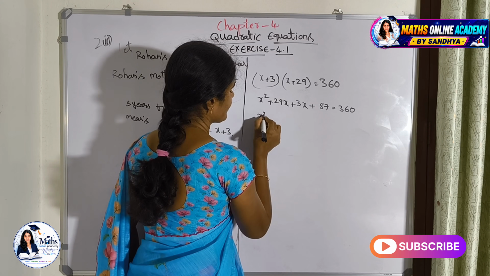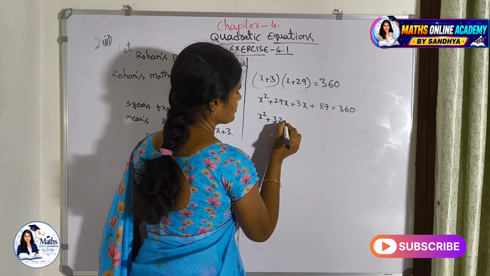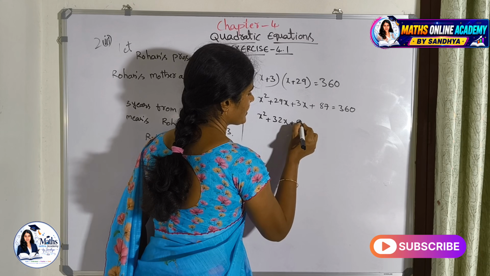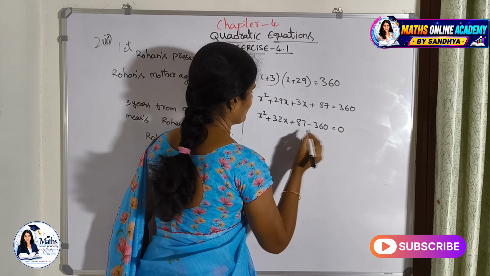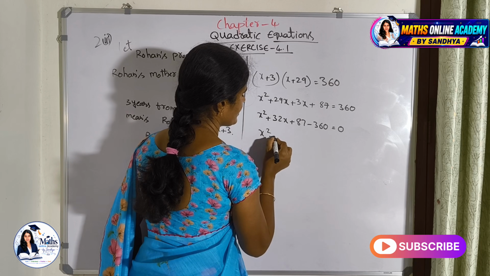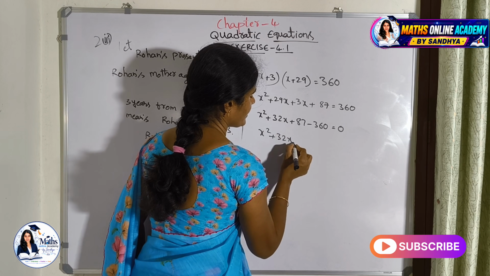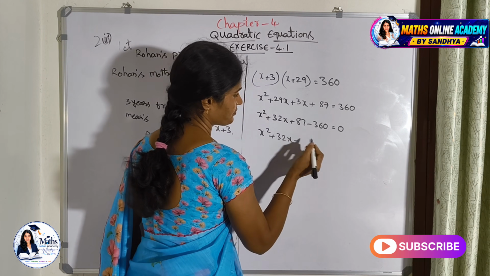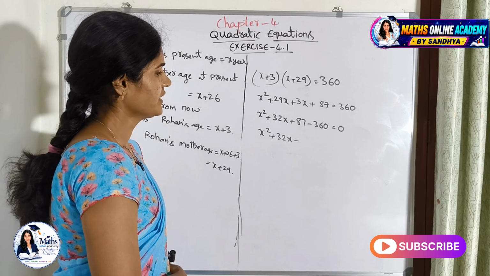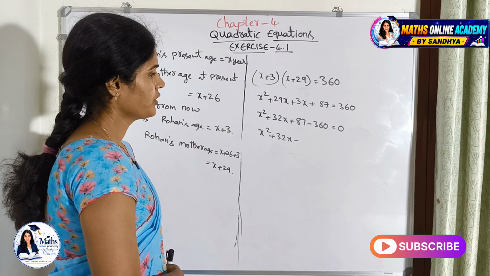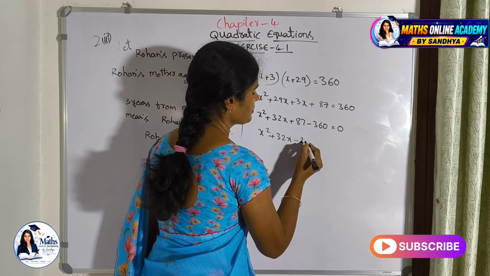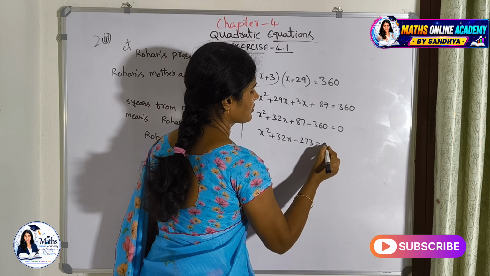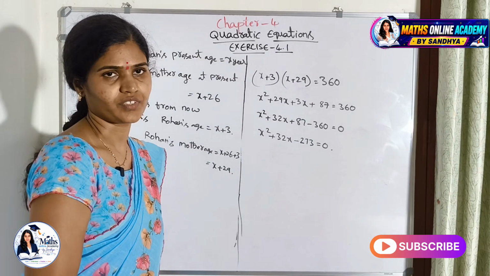So x square plus 32x plus 87 minus 360 equal to 0. Subtracting, you get x square plus 32x minus 273 equal to 0.